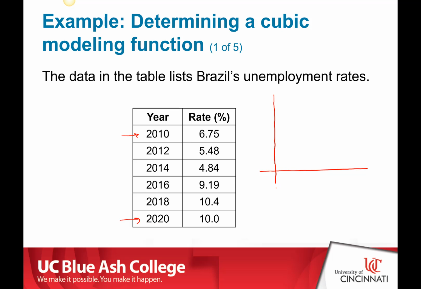So I could put the 2010 here, 12, 14, 16, there's 18, and 20. Does that make sense how I'm doing that? The percent is going to go up to 10, so this might be 2, 4, here's 6, 8, 10.